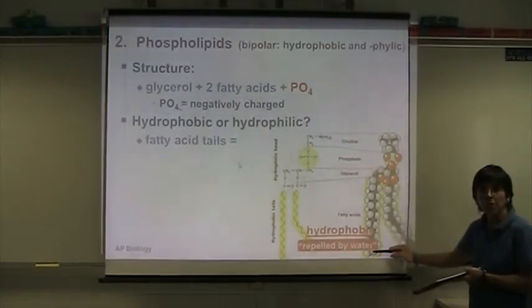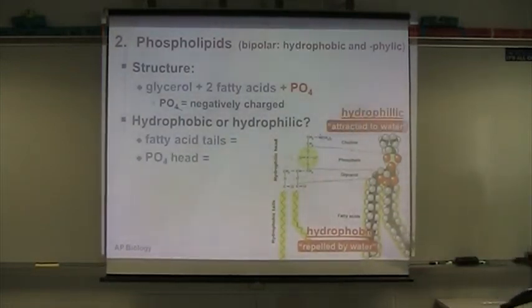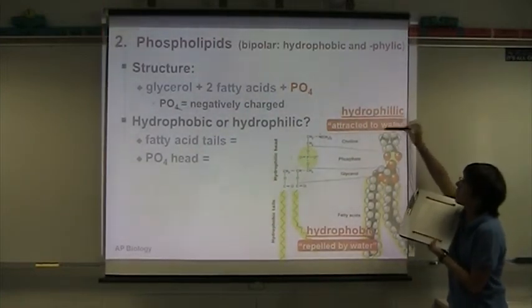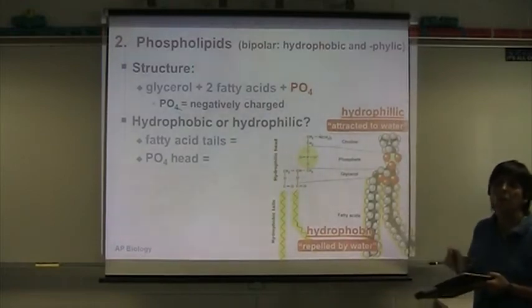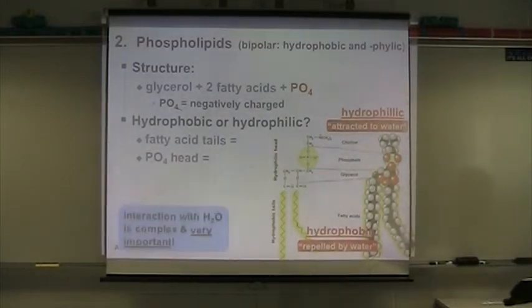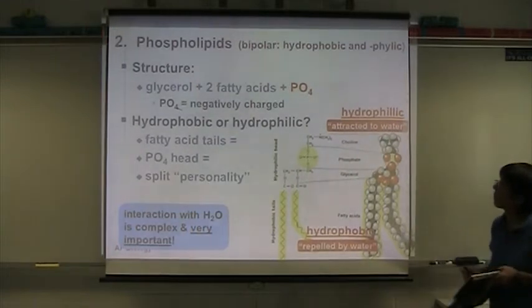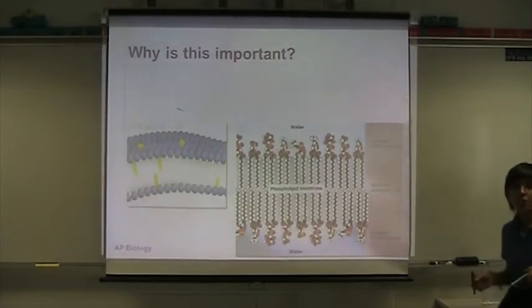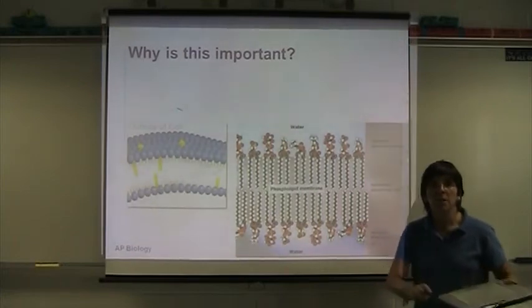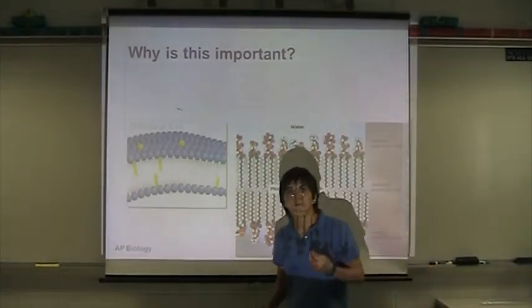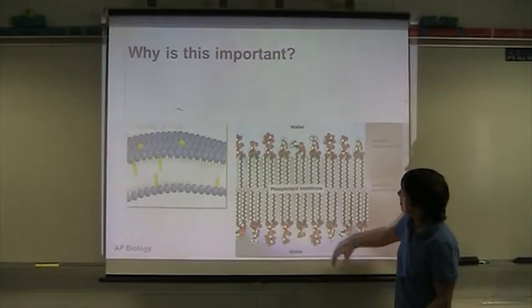This is hydrophobic, and this is going to be hydrophilic. This part of the molecule is going to be attracted to water, and the other one is going to be totally repelled by water. So why is this so important? It is so important because our cell membranes are formed of what we call a phospholipid bilayer.